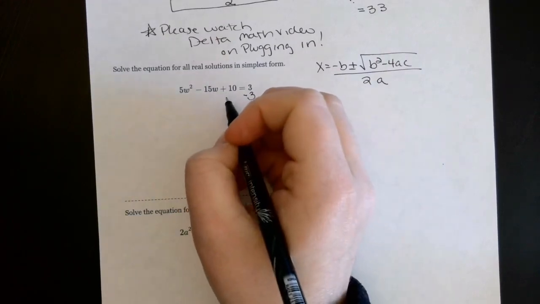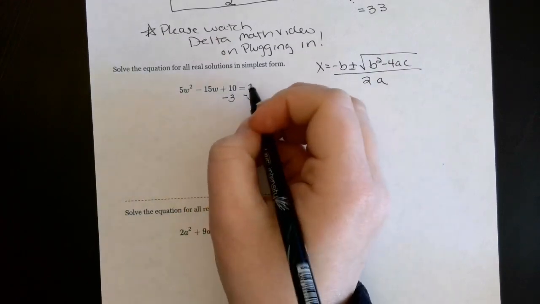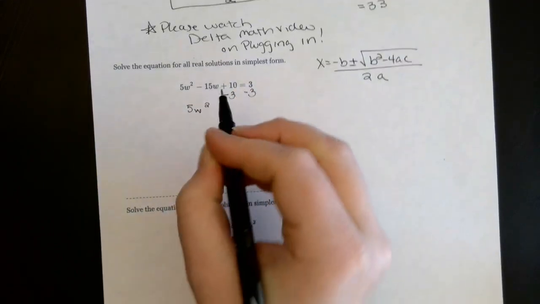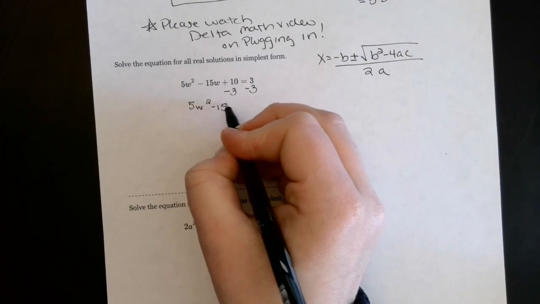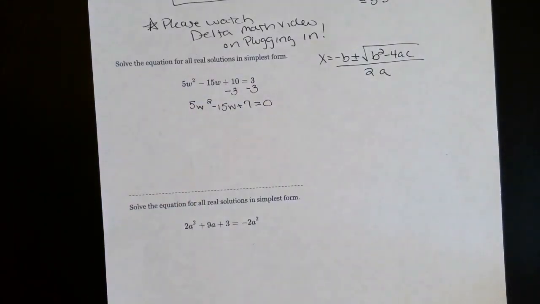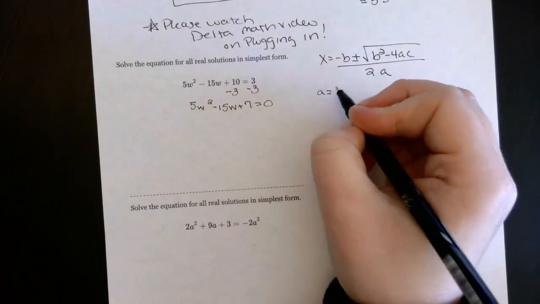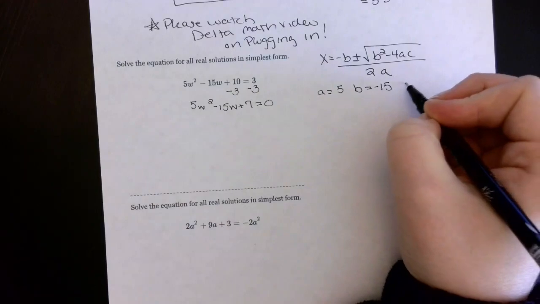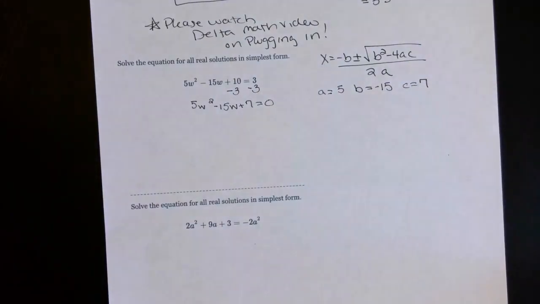The like term to 3 is 10, so I'm going to subtract that 3 from there, leaving 5w squared minus 15w plus 7 equals 0. Now I can identify my a as 5, my b as negative 15, and my c as 7.